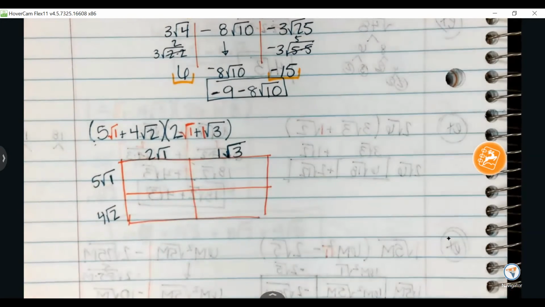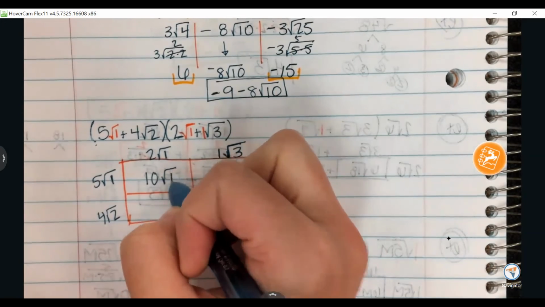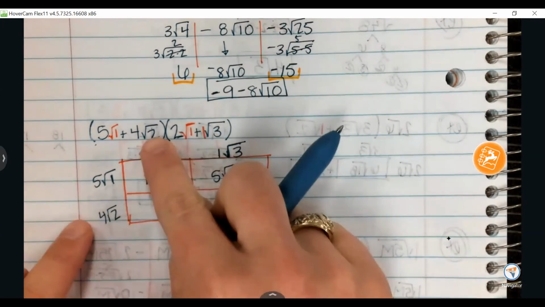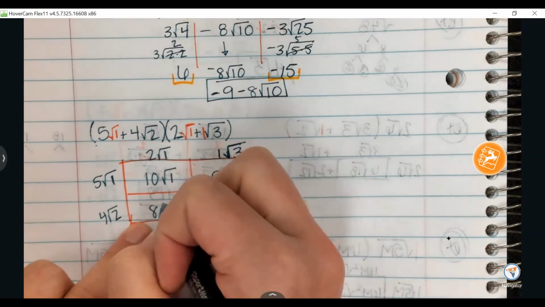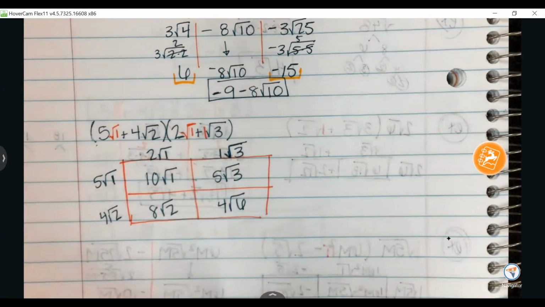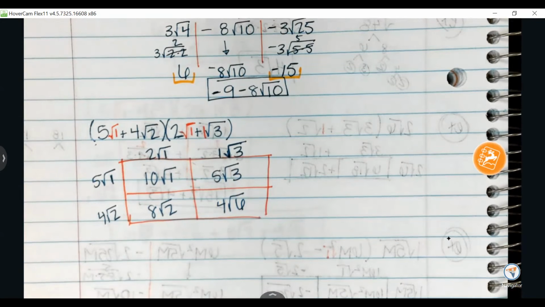I want you to try to multiply on your own and look up to see if we have the same thing in our boxes. So look up when you're done and see if we have the same numbers in our boxes.